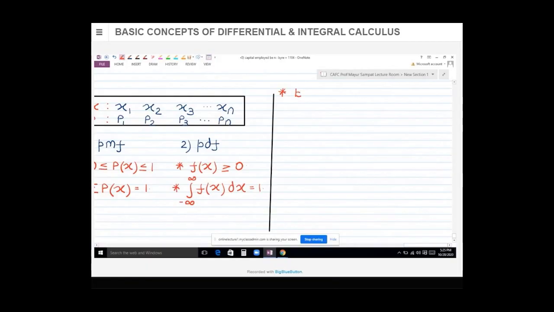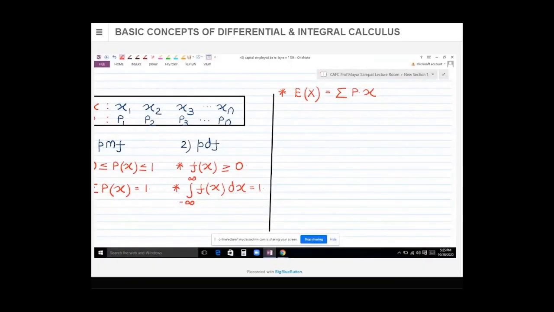So what we have learned is that the expected value of a random variable has been defined as the sum of the product of a random variable and its corresponding probability.